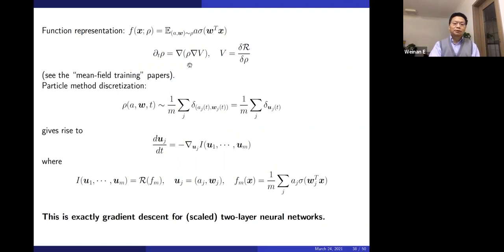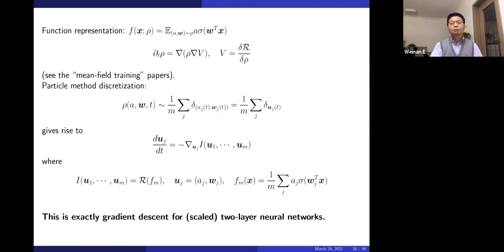This equation happens to be the same as the so-called mean field training, the mean field limit of two-layer neural network models. There are a number of very nice papers that discuss the mean field limit of the gradient descent dynamics for two-layer neural networks, and this is exactly the mean field equation they derived.